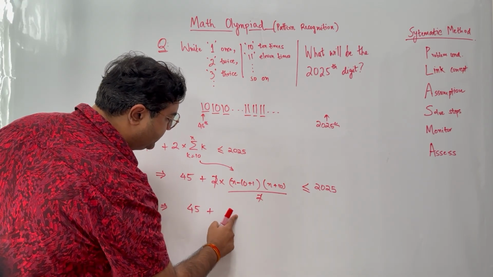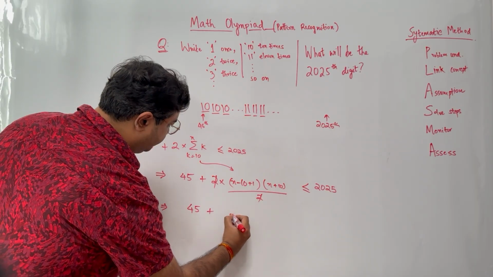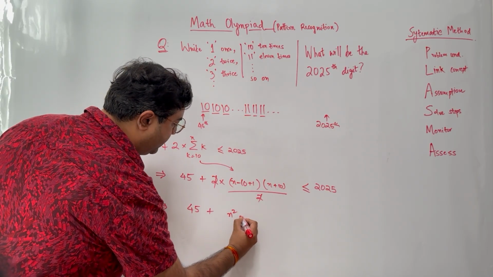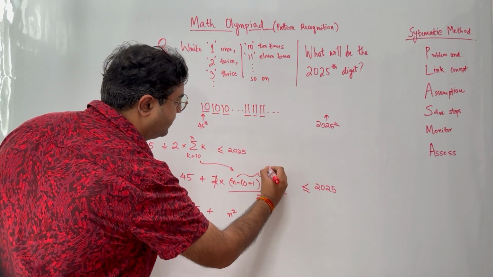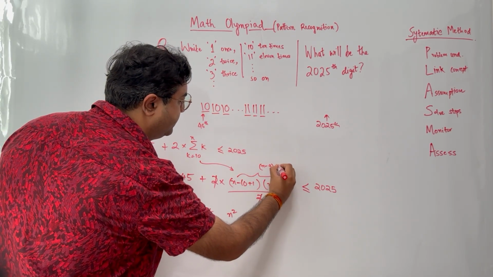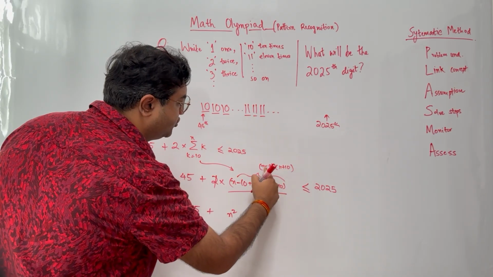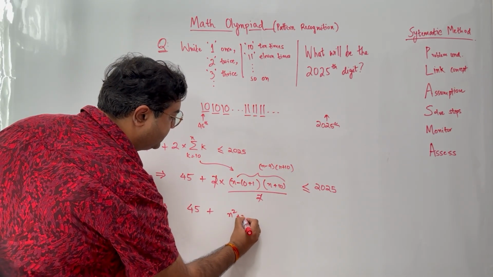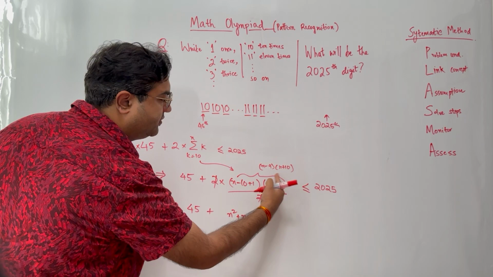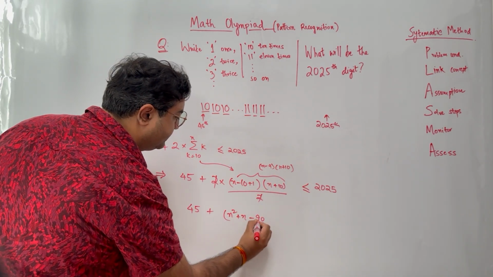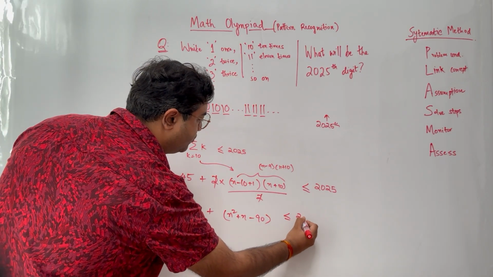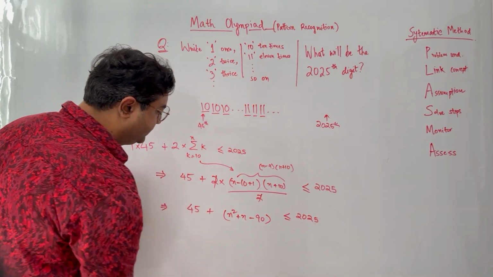Let's sum it up. If I expand n minus 9 times n plus 10, this will be n square plus n minus 9n plus 10n, which becomes n, minus 90. This should be less than or equal to 2025.